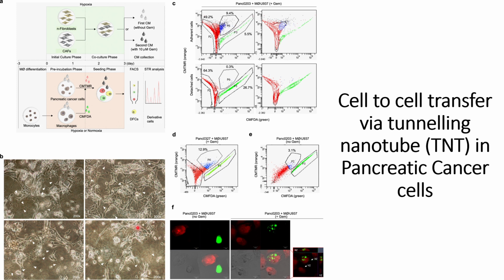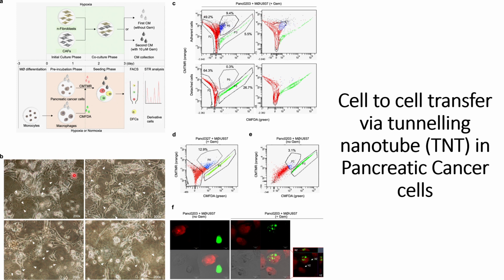Panel B shows the cell images just before they go for flow cell sorting, that is, just before FACS.